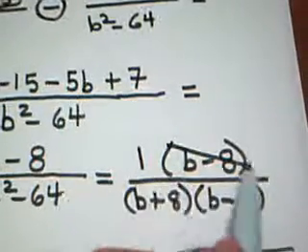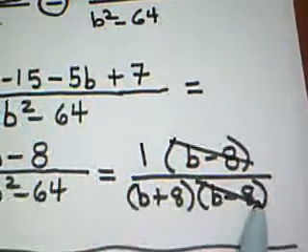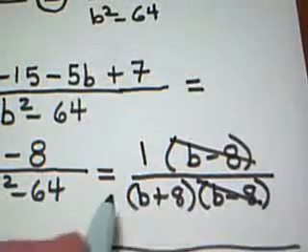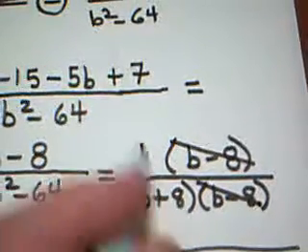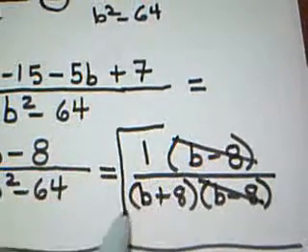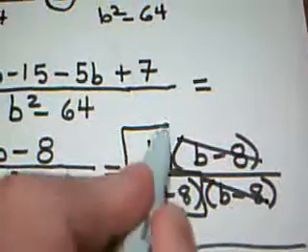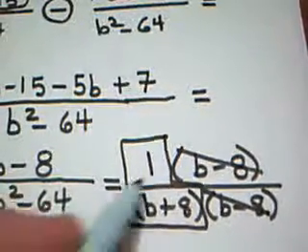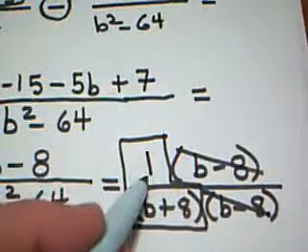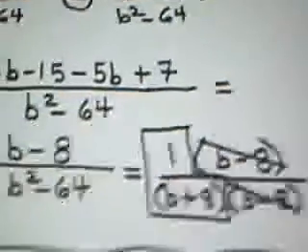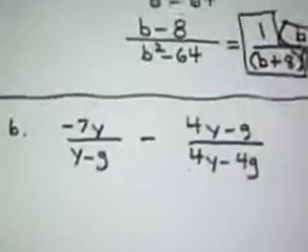When I cancel out the common factors of b minus 8, notice that my final answer is not b plus 8, but rather 1 over b plus 8. So that's why it was very important to have that 1 on the top.